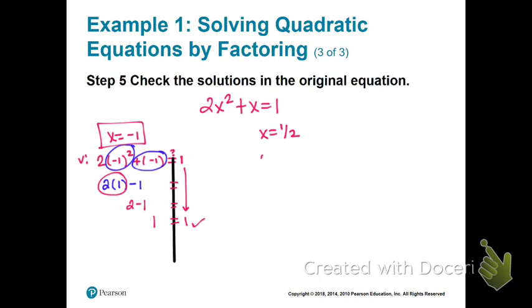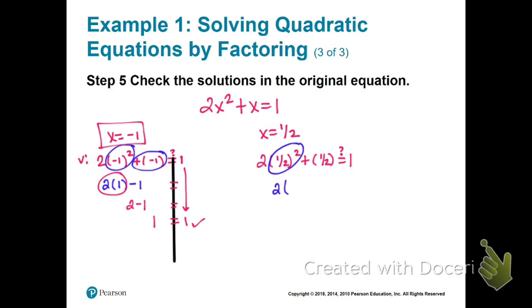And then we're going to do the same thing with the 1/2. So I'm going to set up my skeleton here. We want to know, is it going to be equal to 1? Plug in your 1/2. Now this one's a little trickier because it does have fractions, right? So use your calculator to help you some. Same steps though. We're going to do exponents first.